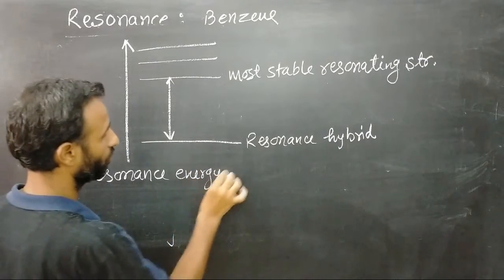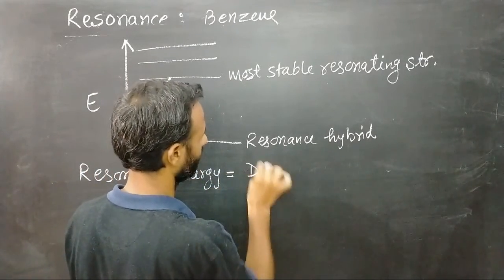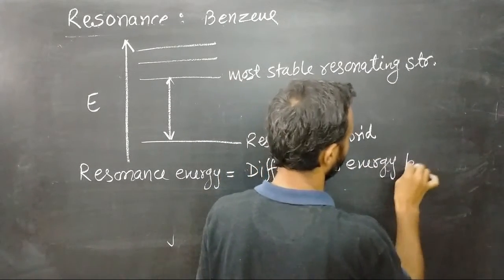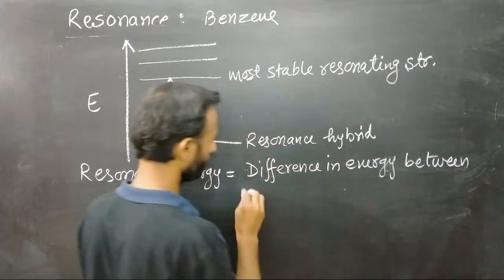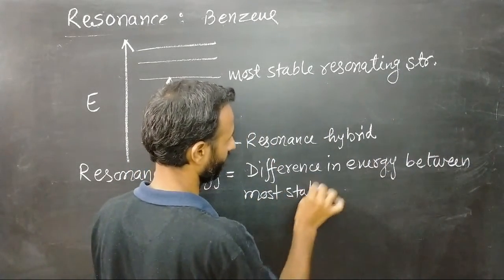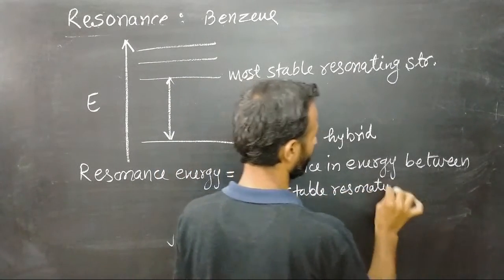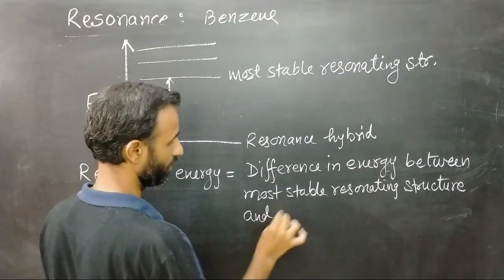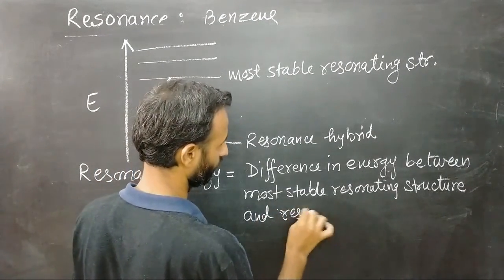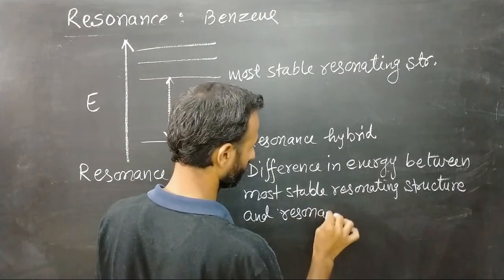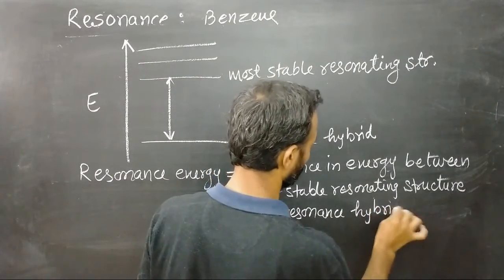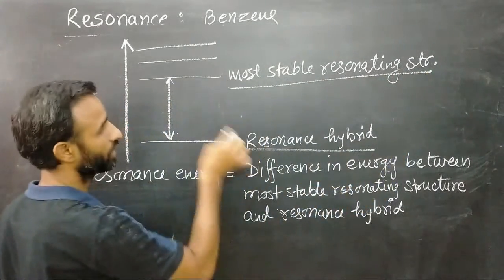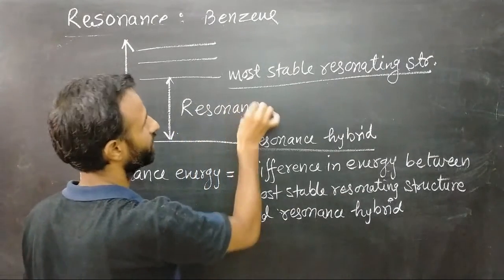So resonance energy is equal to the difference in energy between the most stable resonating structure and resonance hybrid.